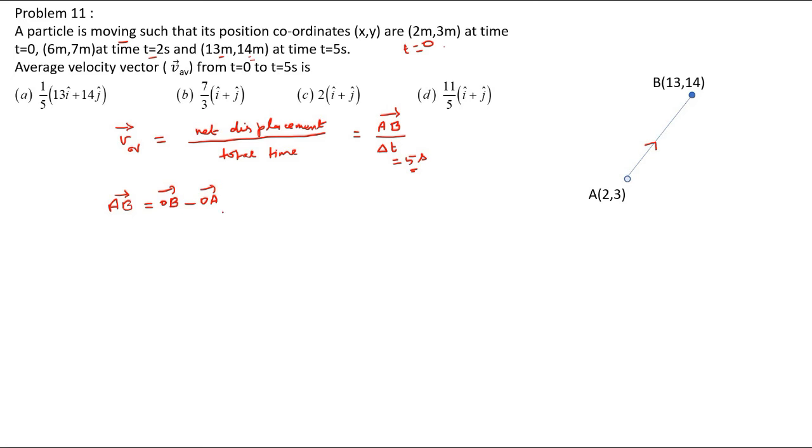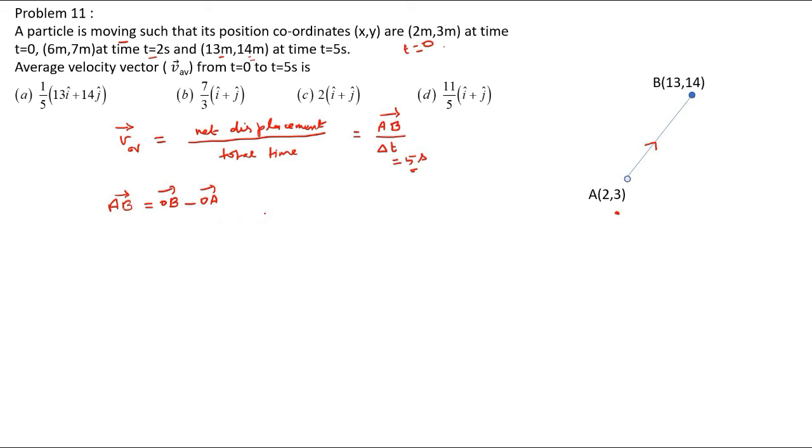I am not going to give the proof for this, but it follows from the triangle law of vector addition. What is O here? O is the origin. So OB is the position vector of B, OA is the position vector of A. The origin may be somewhere here. I have not brought that into the picture, but it will be somewhere here.